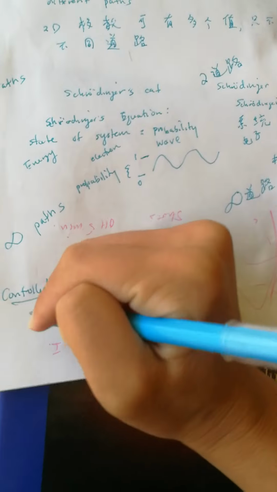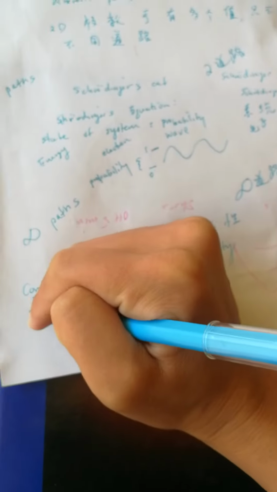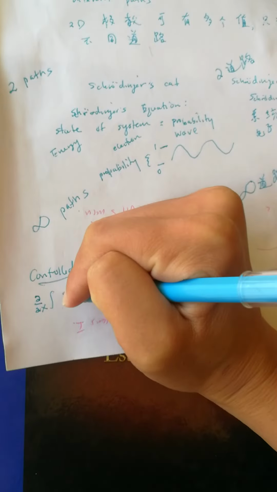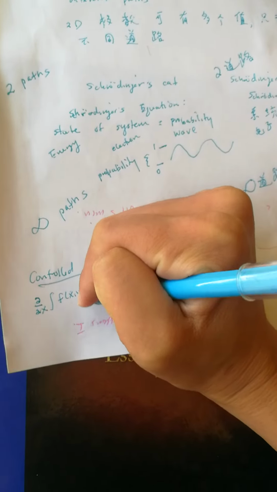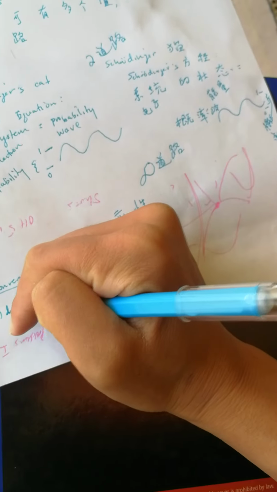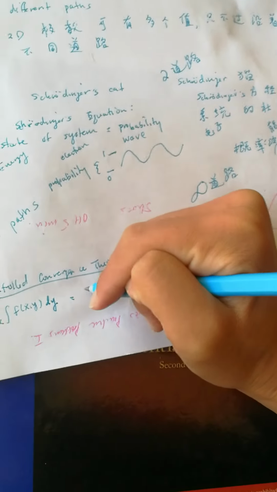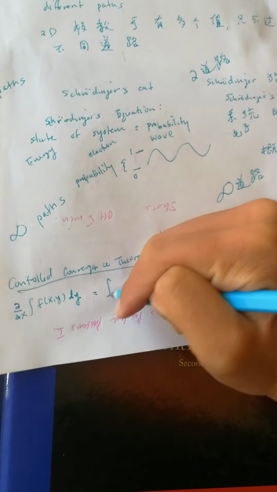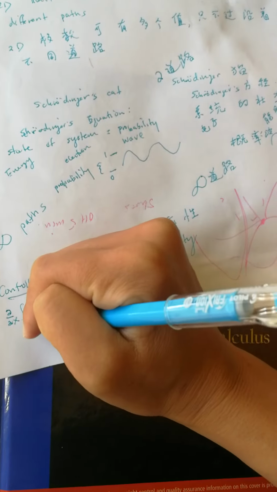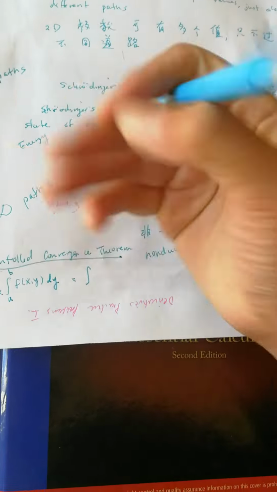Which tells us when we can do partial x of the integral of f of x, y, dy, with y going from a to b, equals the integral of the partial derivative.